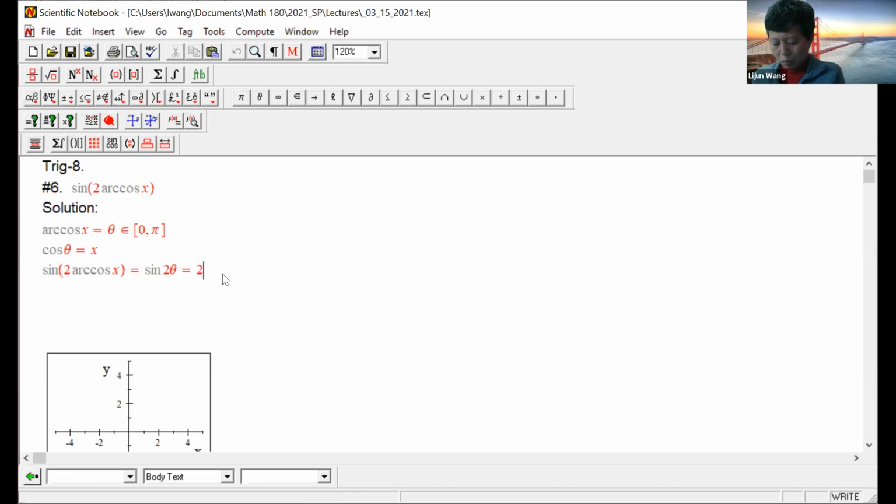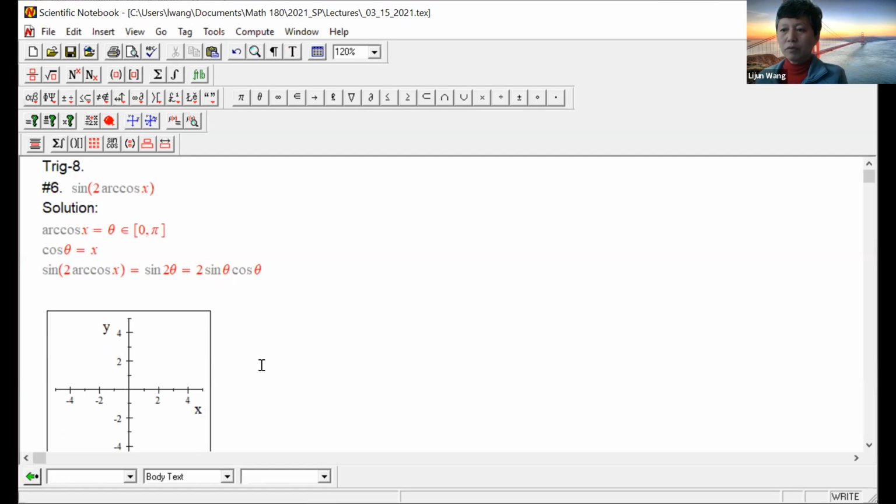So this will equal 2 sine theta times cosine theta. We already know cosine theta. We just have to find sine theta. How do we find sine theta from cosine theta? We go from the definition. For arc cosine, the range is from 0 to pi, and therefore you don't need these two quadrants.